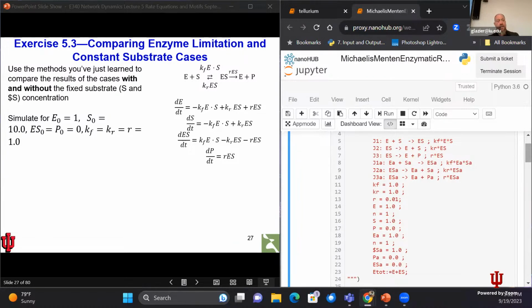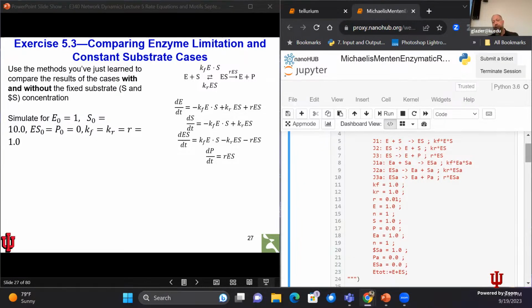There's nothing that prevents you from changing the value of $SA from Python. There's really nothing that prevents you from keeping SA fixed by having SA not change in the reactions either. But then you have to do a lot more by hand.